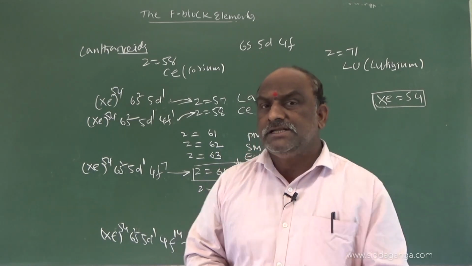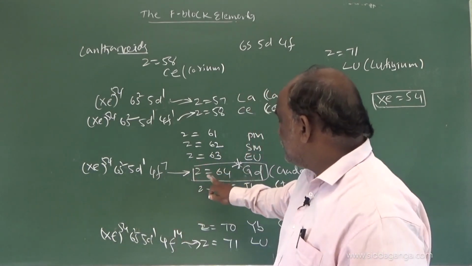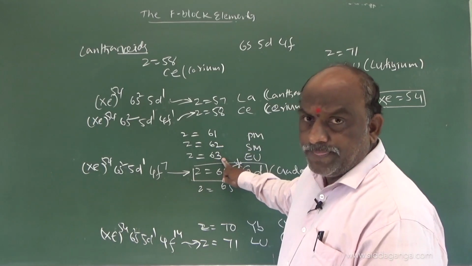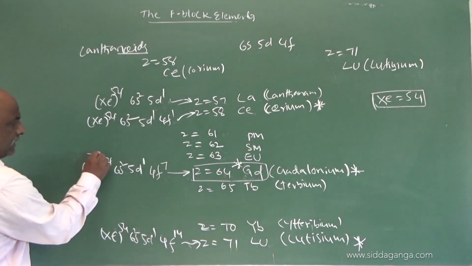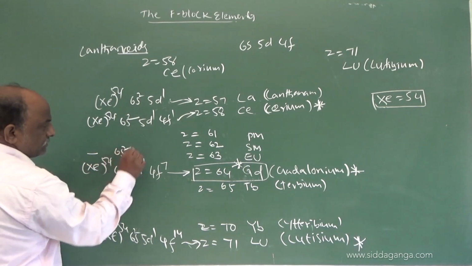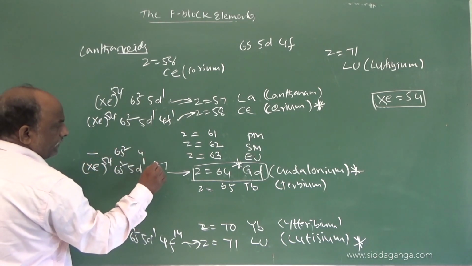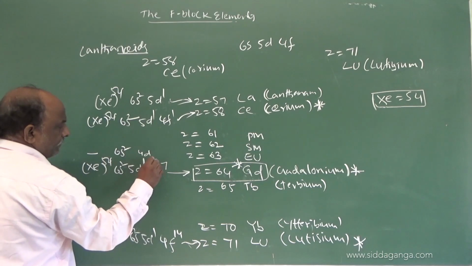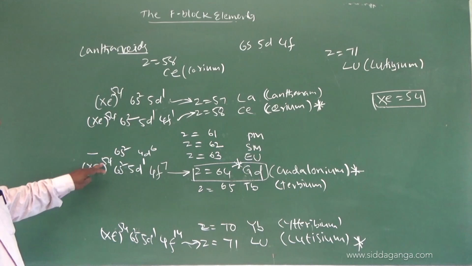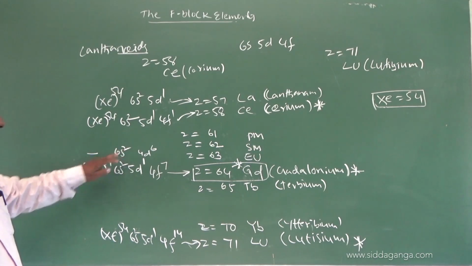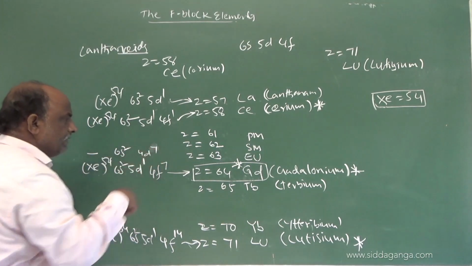Remaining elements don't have d electrons means, suppose you go to 63, europium. What will be the electronic configuration of europium? Xenon, this is common, 6s2, 4f7.